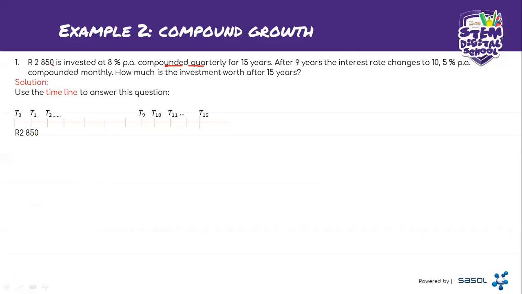It said this amount of money is invested at 8% per annum compounded quarterly for 15 years. After 9 years, the interest rate changes, meaning from the first year until the 9th year, the interest rate for this period is 8%.